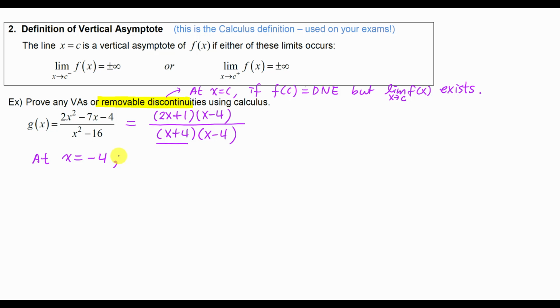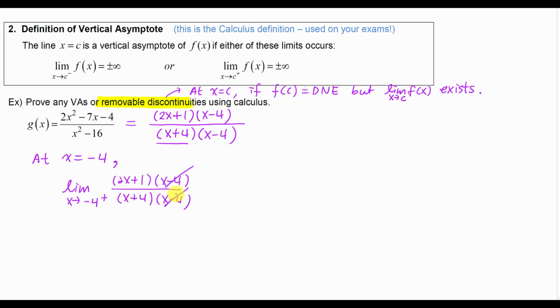However, when you show the work, you have to show calculus work to prove it is a vertical asymptote or a removable discontinuity. So at x equal negative 4, we just said we're going to get number over 0. So I'm going to actually show a one-sided limit. Limit as x approaches negative 4 from the right of (2x plus 1)(x minus 4) over (x plus 4)(x minus 4).